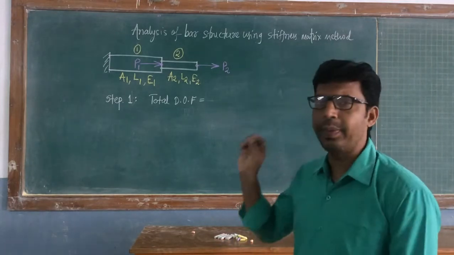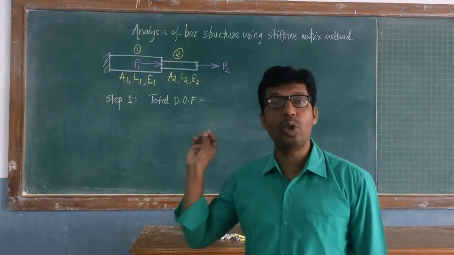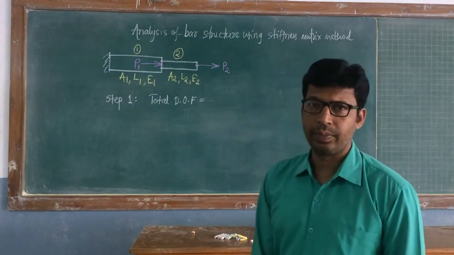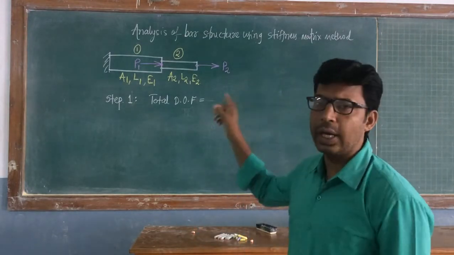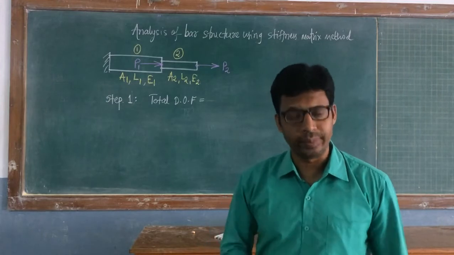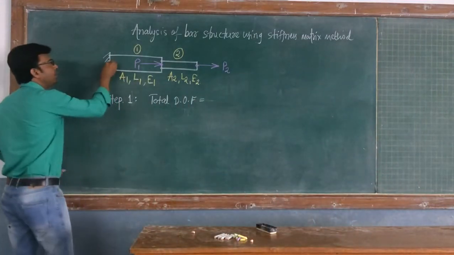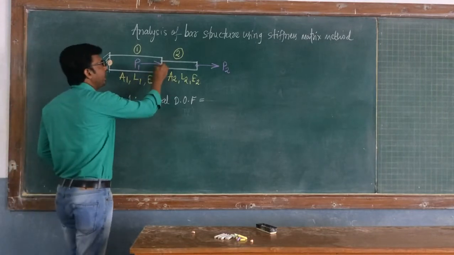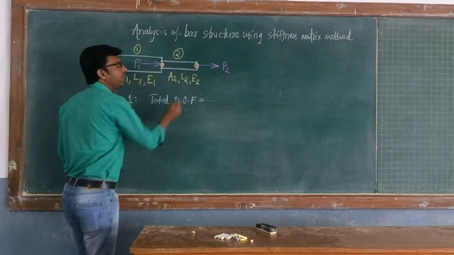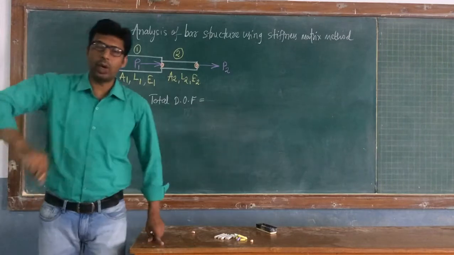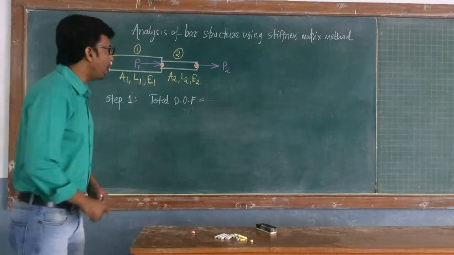Okay, so the very first step is to identify the number of joints in the given bar structure. If the number of members is 2, the number of joints will be 3. Which 3 joints? This is the first joint, second joint and third joint. There are 3 joints.